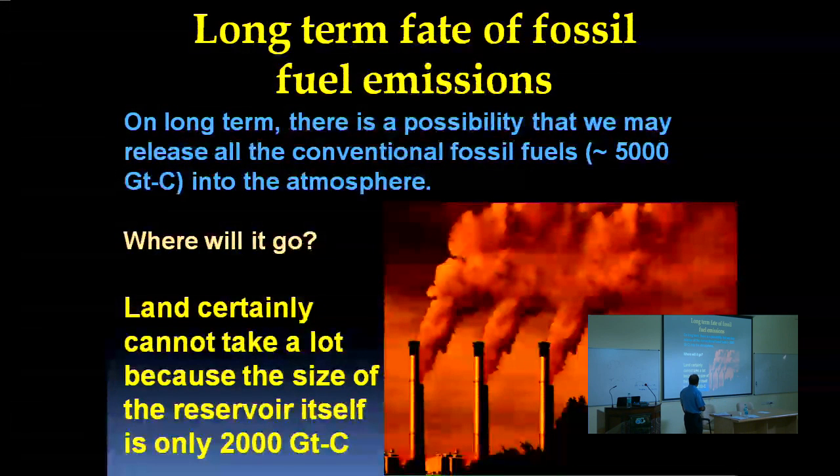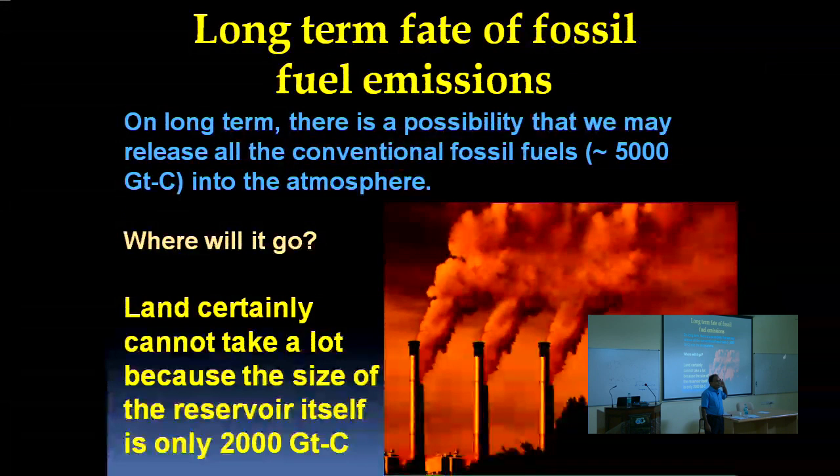Land cannot take a lot because the size of the reservoir itself is only 2,000 gigaton, right? So, how big can you make the reservoir? Further, if the planet warms, whatever carbon is stored in the high latitude will actually be coming out.